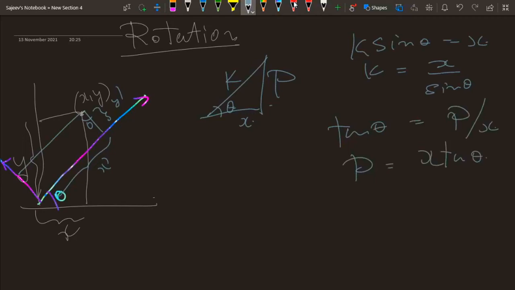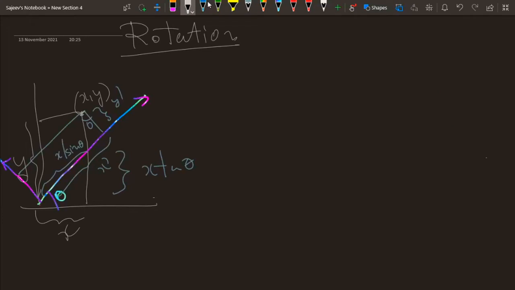So this length is p, which is x tan theta, and this length over here is x by sin theta. Now we need a formula for the y component, so we need to look at the smaller triangle over here. According to my diagram, it's actually quite small, but yeah.